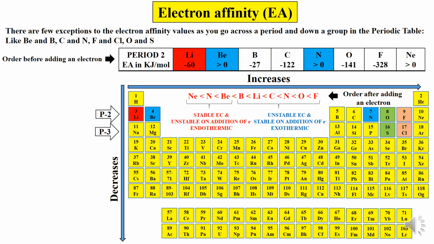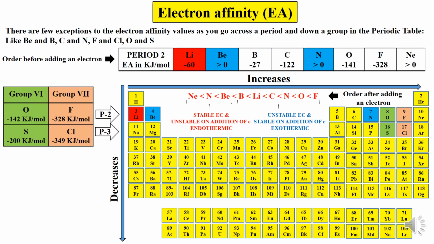Now going down the group, you know the trend, electron affinity value decreases. But you find that some of the period 3 elements have a higher electron affinity value as compared to period 2 elements. For example, group 6 elements, oxygen and sulfur.